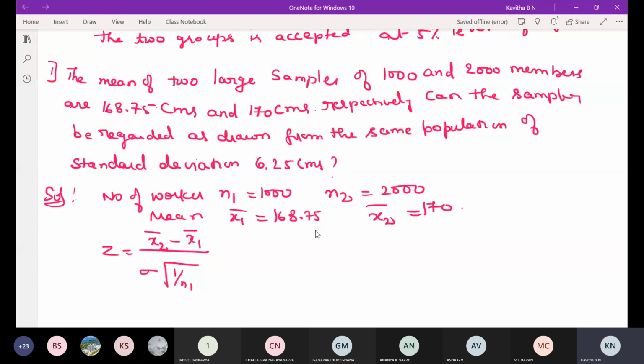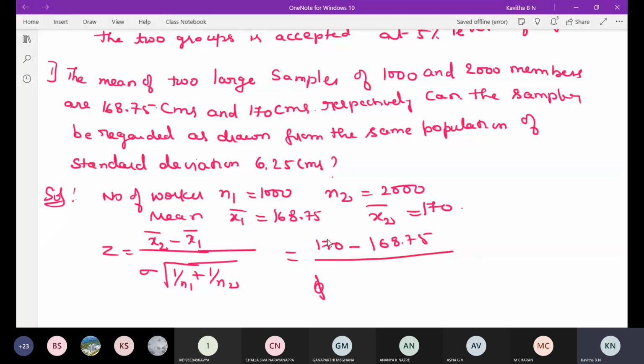Substitute here, X2 bar is 170 minus X1 bar is 168.75, whole divided by sigma, the standard deviation 6.25.